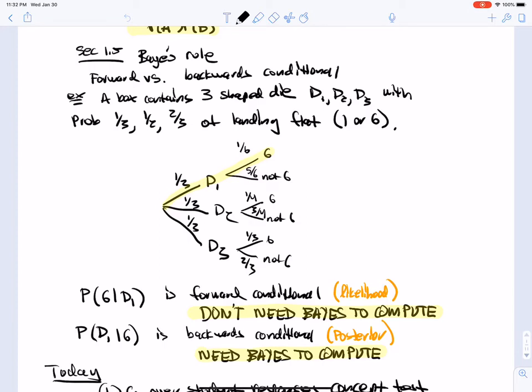So, for example, if you were to calculate the probability that you have die 1 given that you have a 6, this would be a backward conditional. You need to use Bayes' rule because the natural ordering from the tree is that you would have D1 and then you would have a 6.